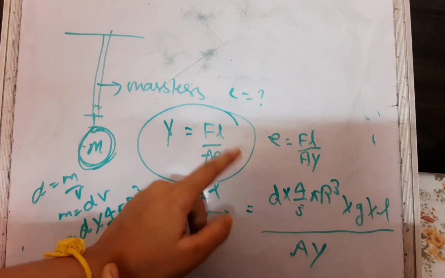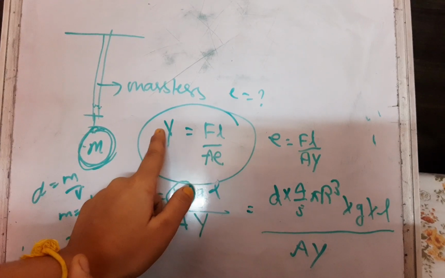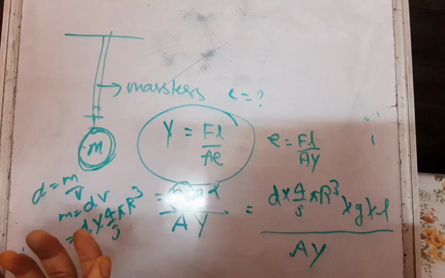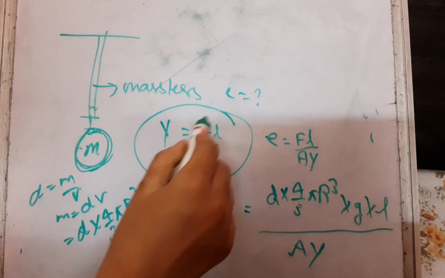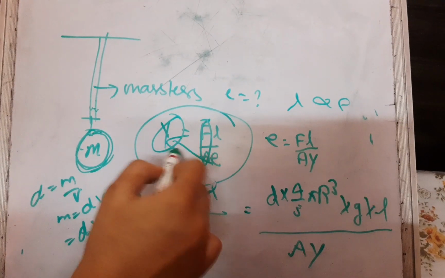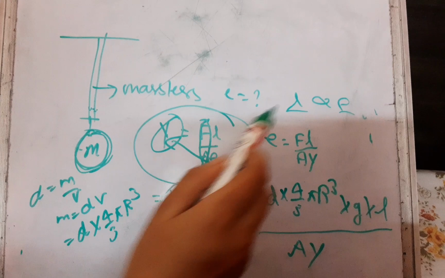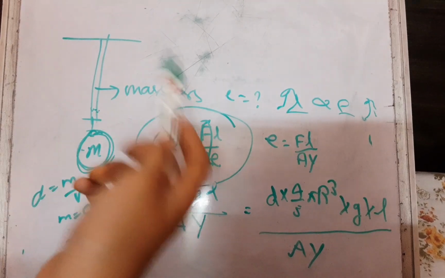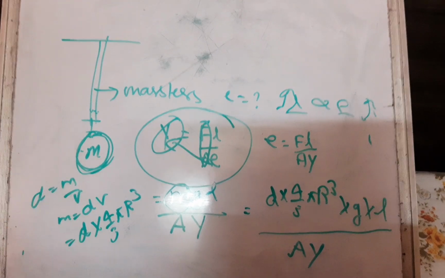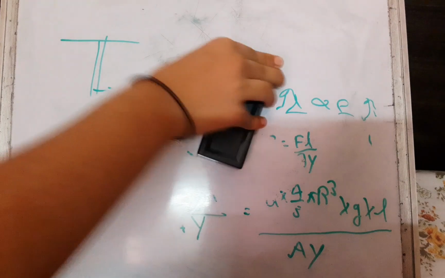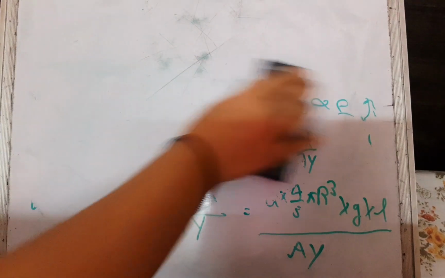So what is the relation between L and E? Y is constant, F is constant, A is constant, so L is directly proportional to E. This whole term is constant, so L is directly proportional to E. So the more the length, the more the elongation. Like that, they will ask you proportionalities. If it is given the same material, consider that Young's modulus for both bodies is the same.